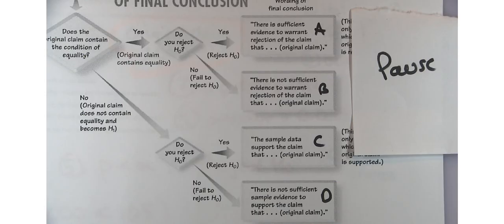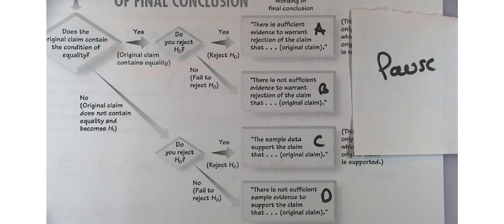There is sufficient evidence to warrant the rejection of the claim. Original claim. The part that gets me is what we're gonna put from the problem. Reject our null hypothesis. Relate it back to the geyser. We can't just say we rejected it, relate it back to the geyser.